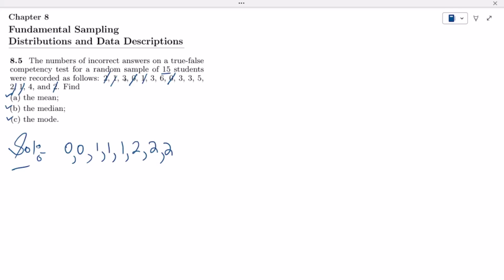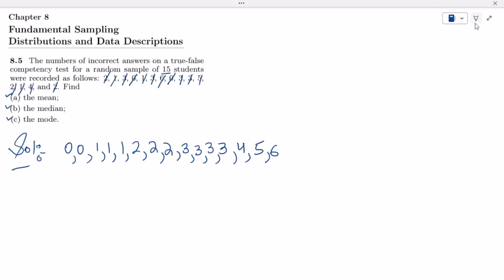Then 3, so we have 3 3 3 3, four threes. And here we have 4, then 5, and 6 is the last one. If I count them out, these are basically the 15 items. So these are in sequence.